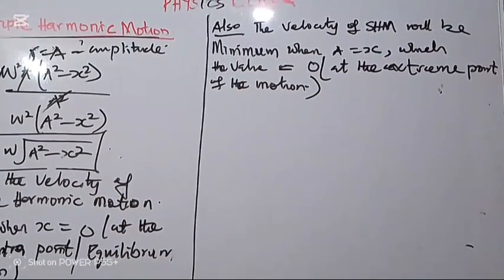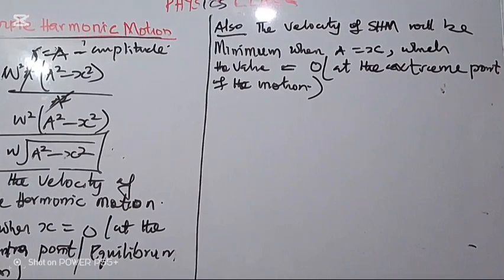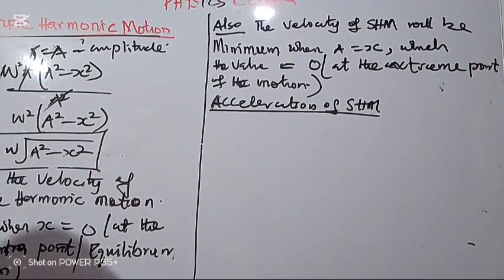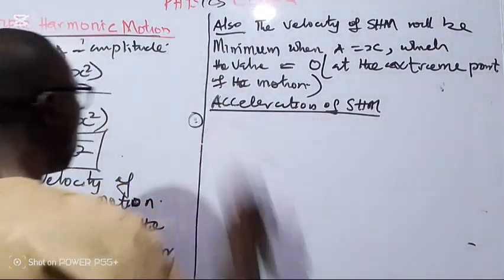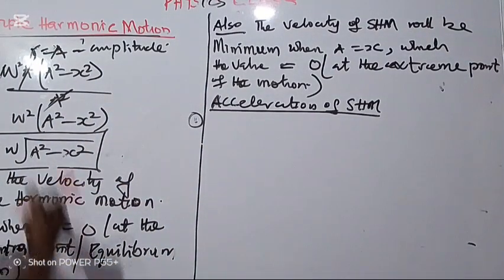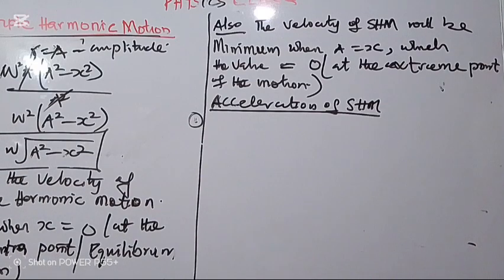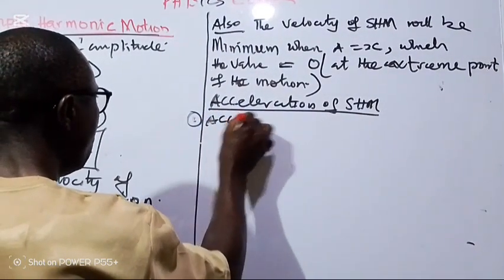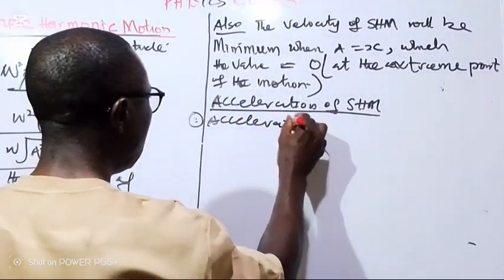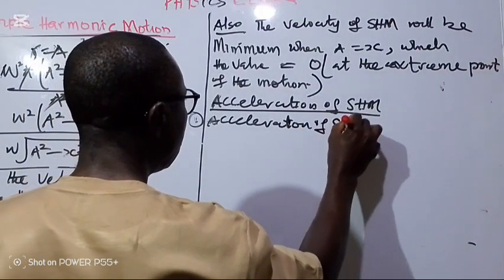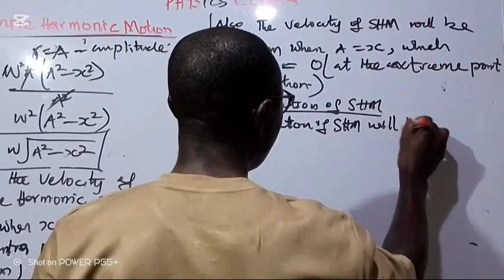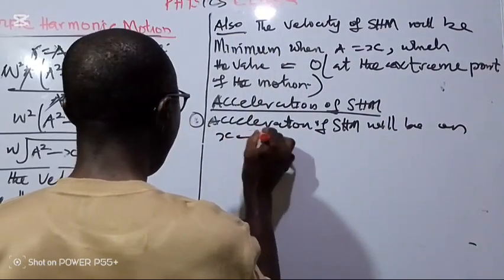The next is acceleration of simple harmonic motion. The first point we are going to note under this one: as the velocity is taking place on the x-axis, or x component, acceleration of SHM will be on the x-axis also, or x component.